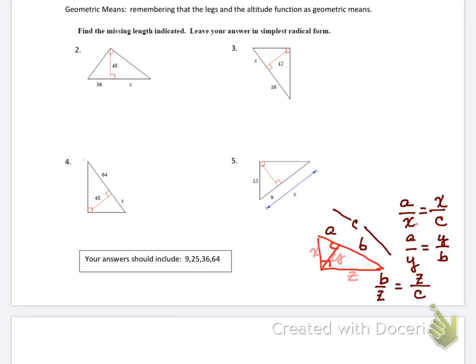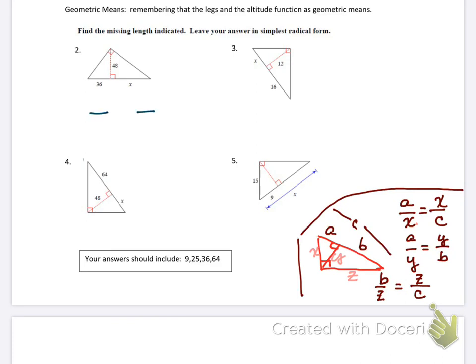So this little problem down here, this gives you an overview of all our work with geometric means. So let's now do applications of that setup. So looking at problem number 2, what do I have? I have an altitude. The 48 is an altitude.